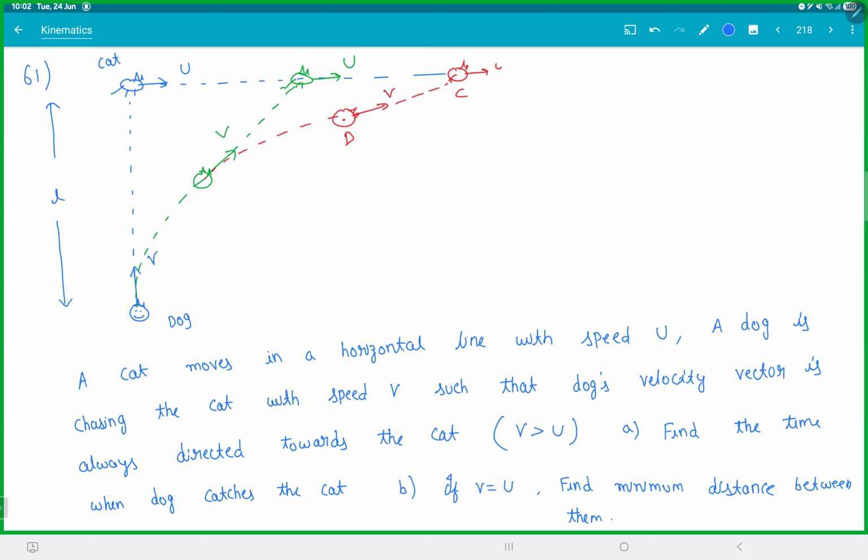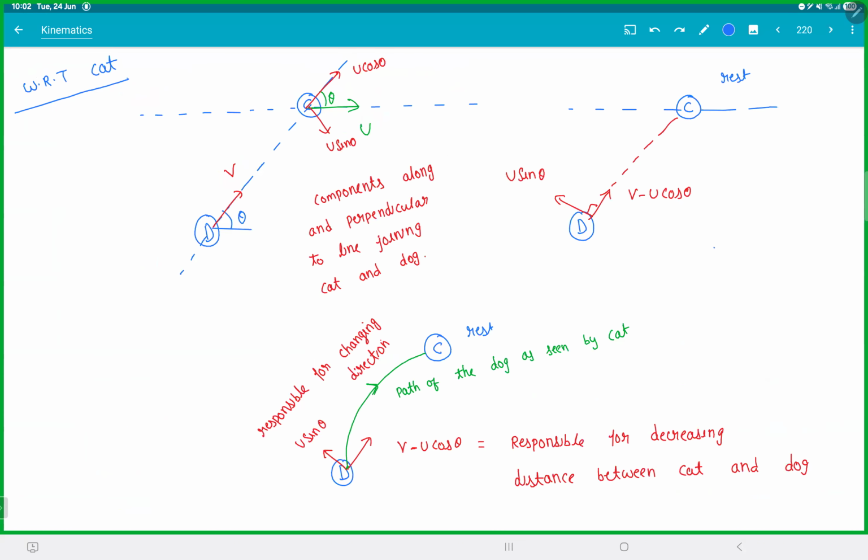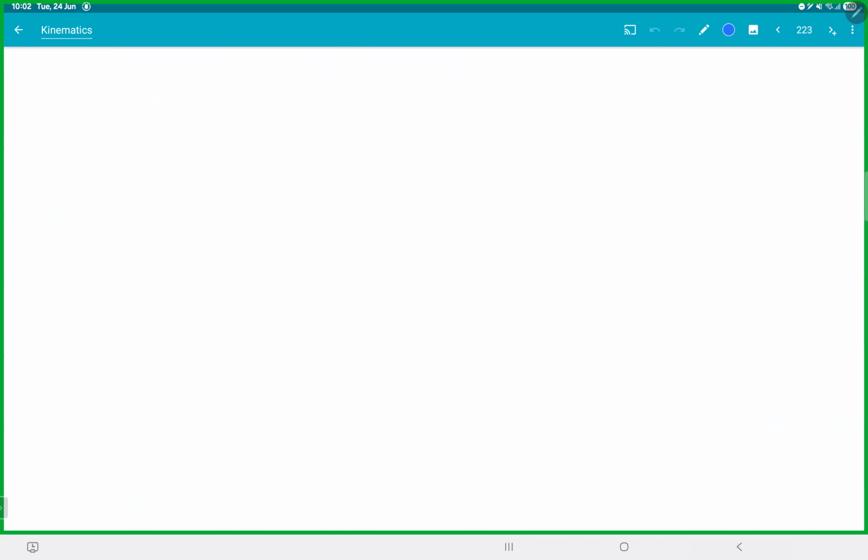Let's see. Now again, draw the picture. So if you do this thing, v is equal to u. Now what is happening?